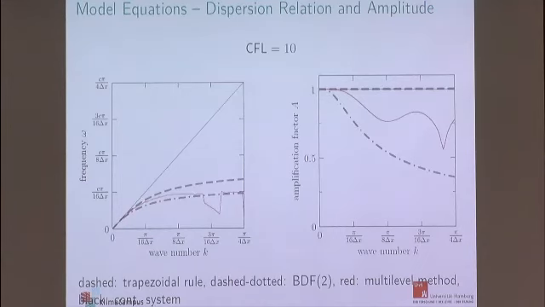And so you see some artifacts here, which are somehow strange. But when you look more at this part here, you see the overall behavior of the scheme. So for the resolved modes, we have more or less the behavior of the trapezoidal rule, but then for the higher wave numbers, the scheme switches towards the BDF2 scheme. And also here we have the amplification factor for the resolved modes. It's more or less that one of the trapezoidal rule, and then you introduce some damping.